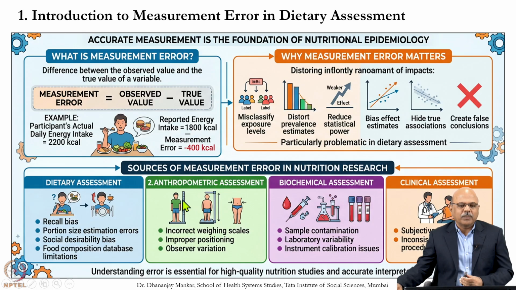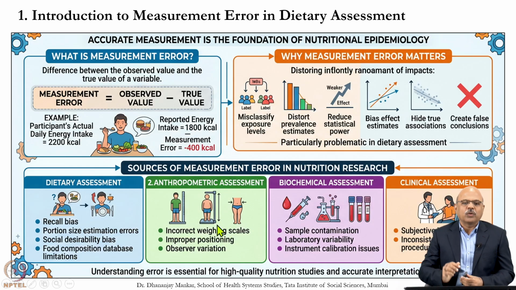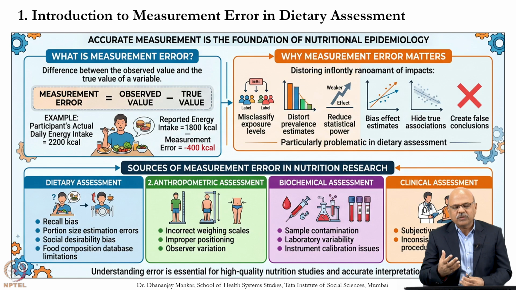You will have measurement with stadiometers, and even waist circumference, abdominal circumference. But incorrect weighing scales, improper positioning and observer variation may give a lot of errors in anthropometric assessment, and this gives more variation into the adjustment.